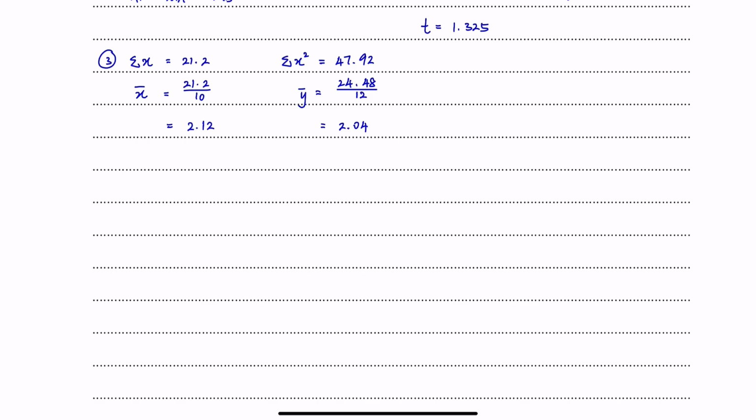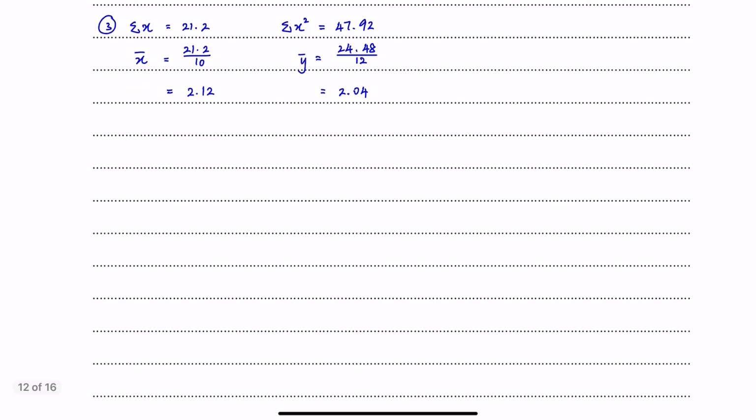So now we need to calculate the unbiased estimate for variance, which is s squared.